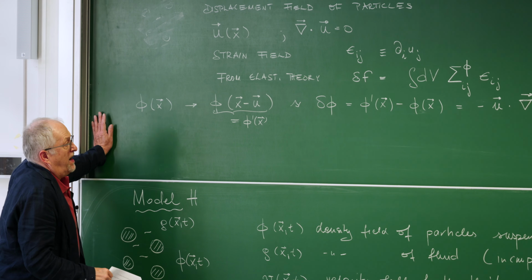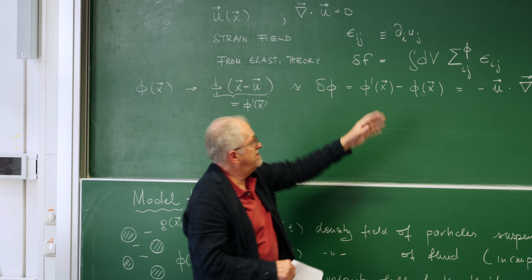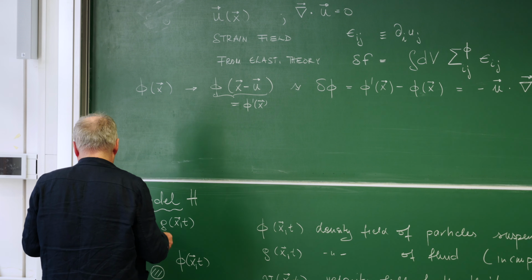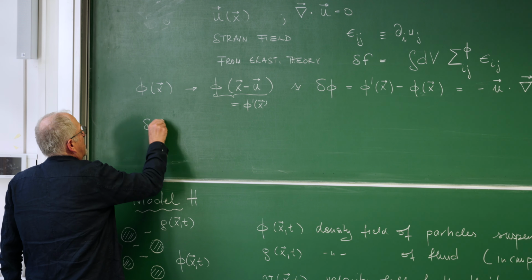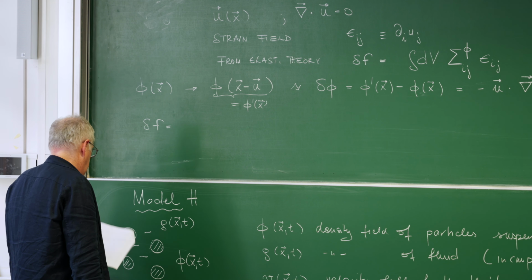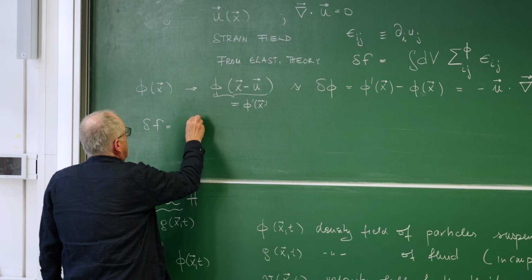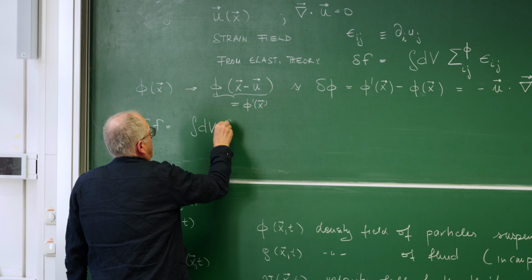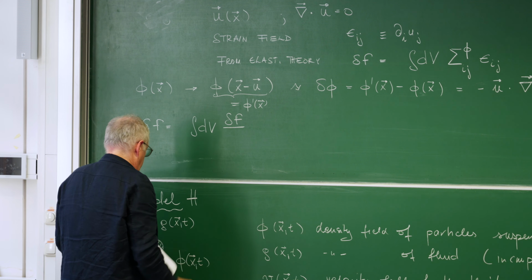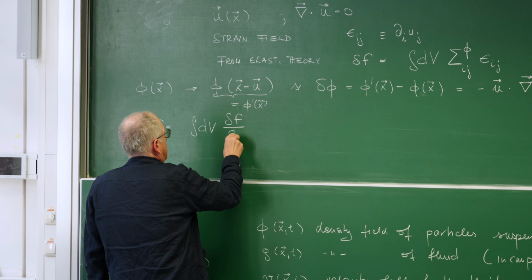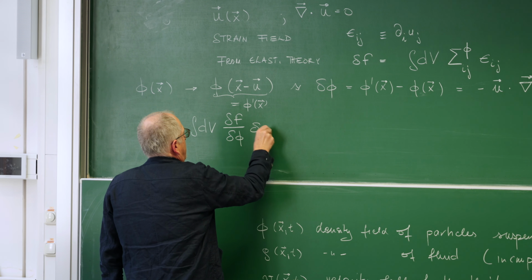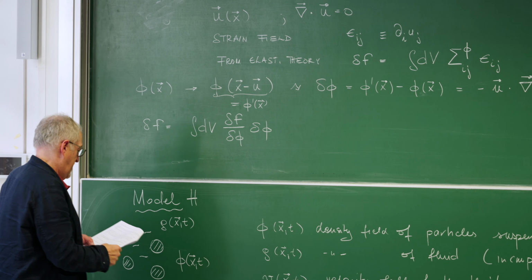Okay, now we have what this means. And we can calculate the variation of our free energy. Now in a second way, we can integrate over the volume, do the variation of the free energy with respect to phi, and multiply by d phi.